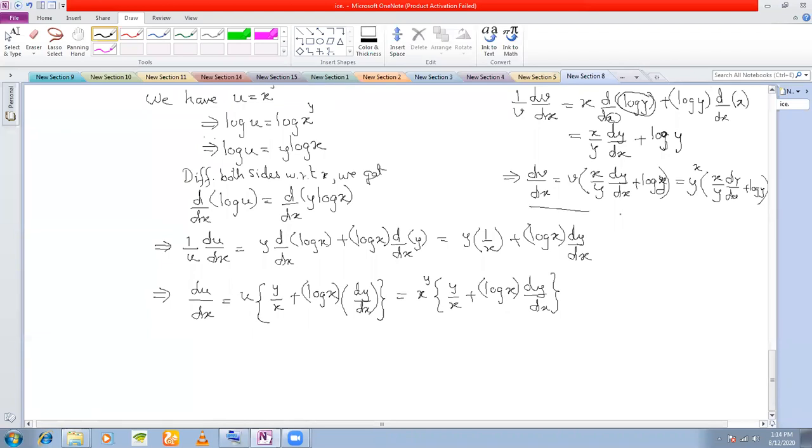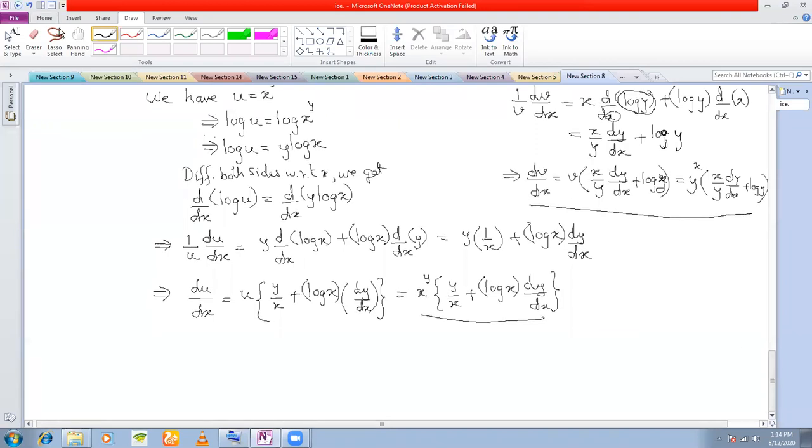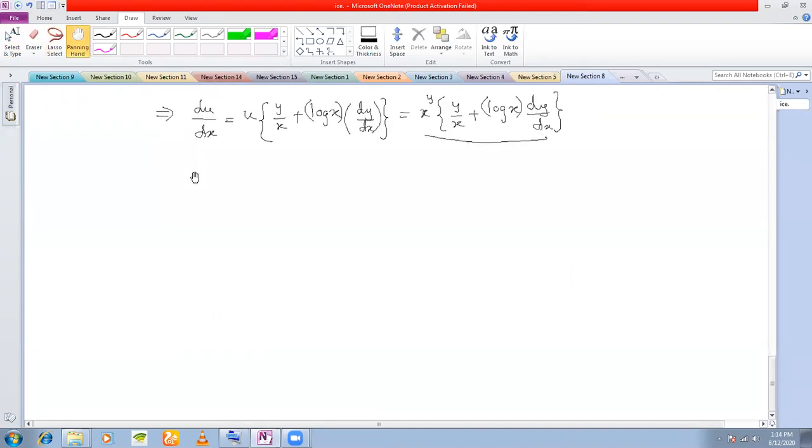So again, dv dx we have got this, and du dx we have got this. Okay, so now what was it? We had taken u plus v is equal to c, right? That means d dx of u plus v is equal to d dx of c.